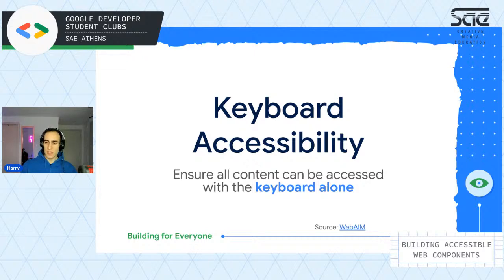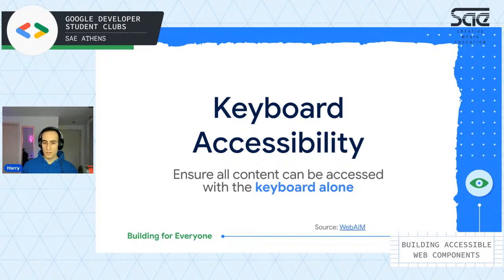Keyboard accessibility can be useful not just for people that use assistive technologies. It can be useful to more people than you might know, like web power users that just use the keyboard to navigate around.